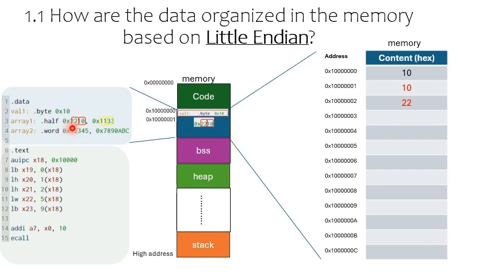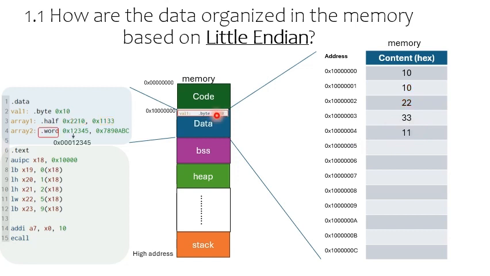So in the first element 2210, the less significant byte is 10. So 10 will be stored first, followed by the more significant byte, which is 22, stored in the next address. After we store the first element, we store the second element, which is 1133. Again, the less significant byte will be stored first, which is 33, followed by 11.